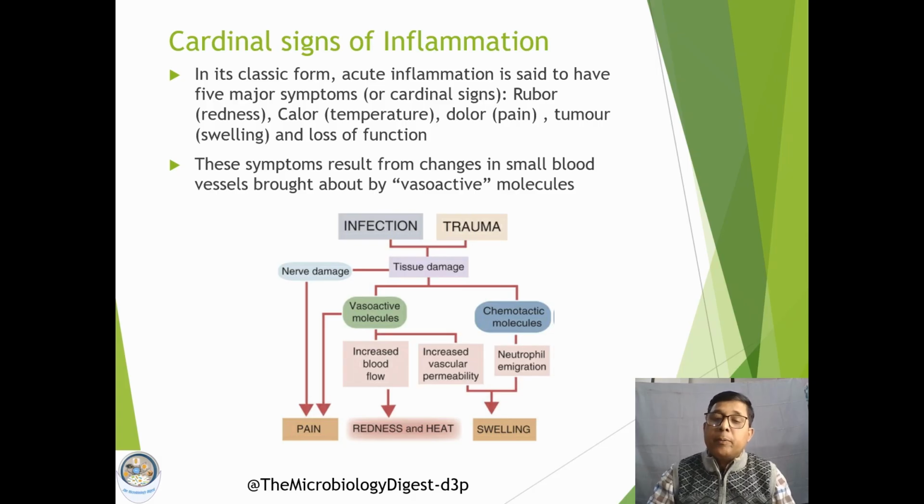Then dolor, meaning that site will be painful. And last is tumor, meaning there will be swelling of the area. So if these cardinal signs are seen, we can say that the inflammation process is already initiated, and it is an important part of the innate immune system for elimination of the invading pathogens.